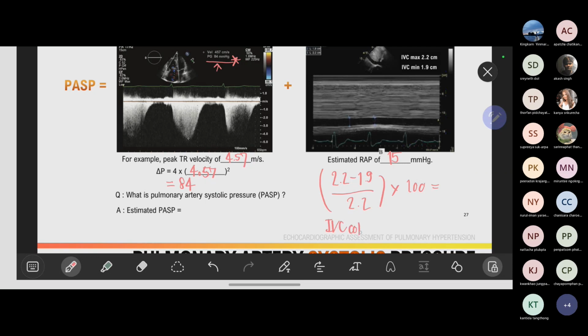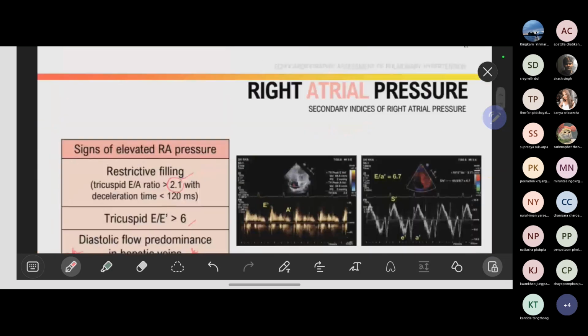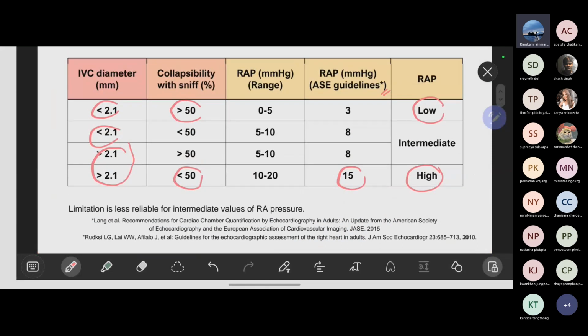IVC collapsibility is 13%. You go back to this slide. IVC collapsibility less than 50.